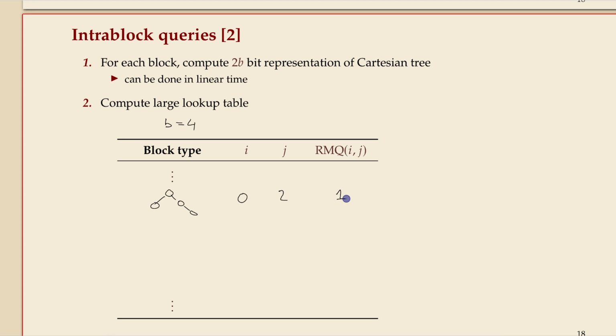So I would have this entry. But I would have another one with the same tree, and the whole range would also be a 1. And another one, 0, 1, and that would be, again, the 1, because that's the root. So you can imagine how this looks. For every possible tree shape and every combination of i and j, you have a row. But because the number of possible tree shapes is small enough, we can do that.